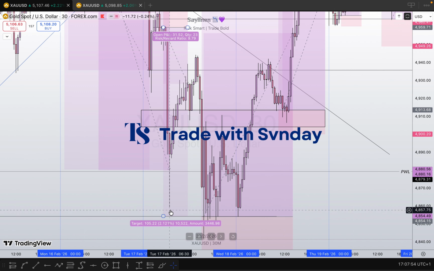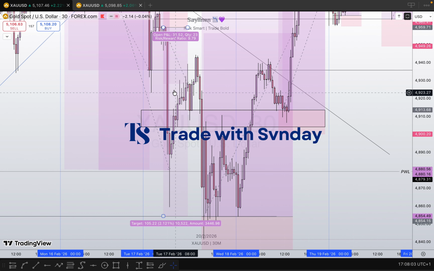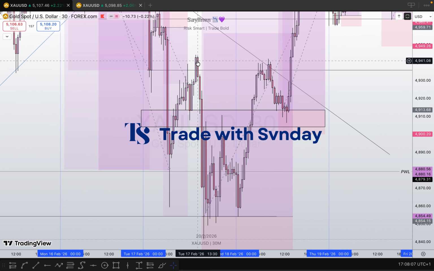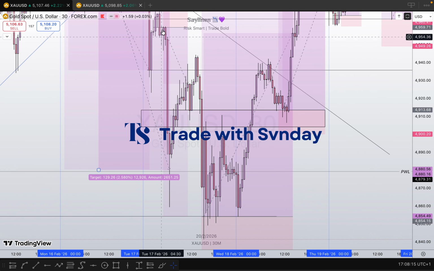Notice what happened with the first rejection after price took liquidity from the previous week low. We had a break of structure around this level, and we had our order block sitting at this level, and price tapped into this order block and gave the bullish close above this high. But then price was still playing within the premium level of this particular move here.